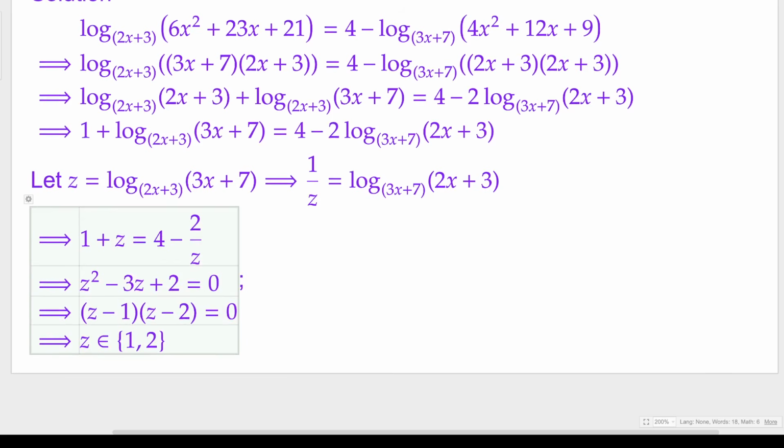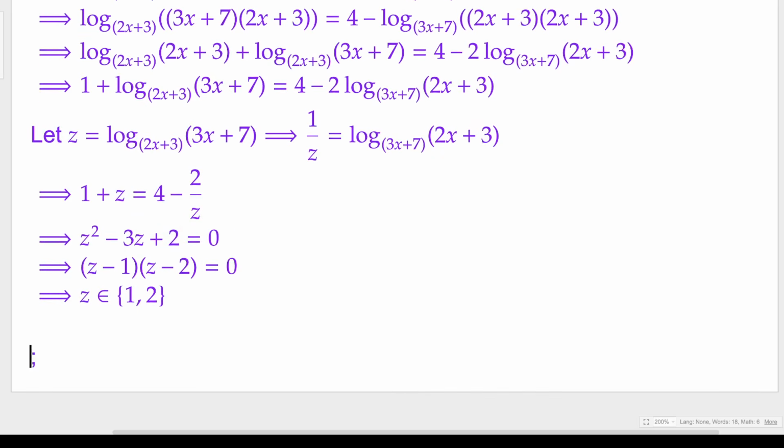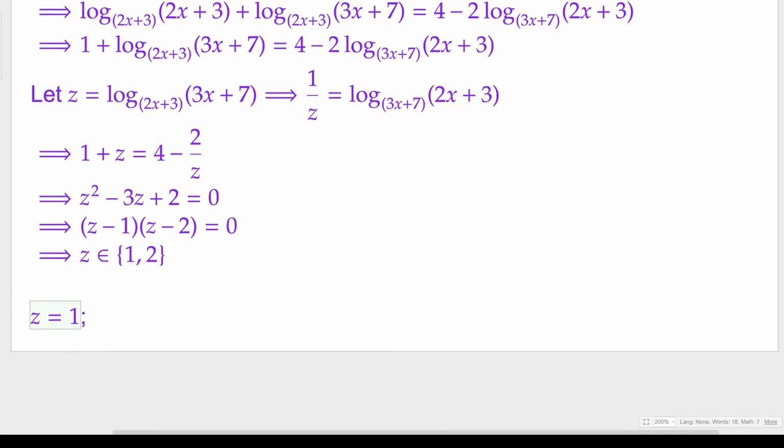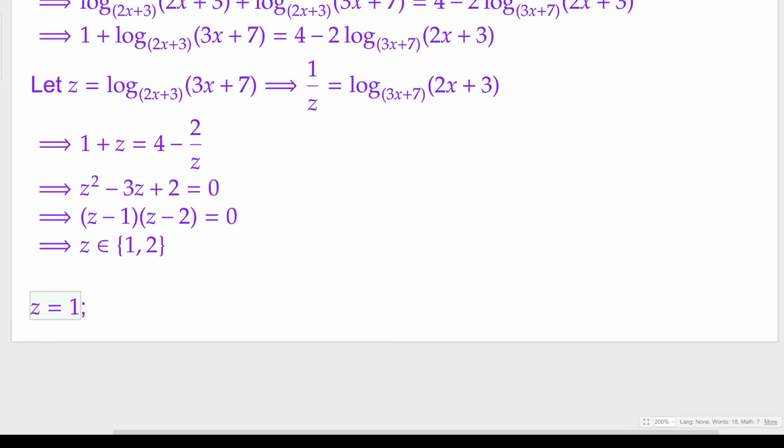Now we need to check whether these values satisfy the logarithmic conditions or not. I'll check the cases one by one.